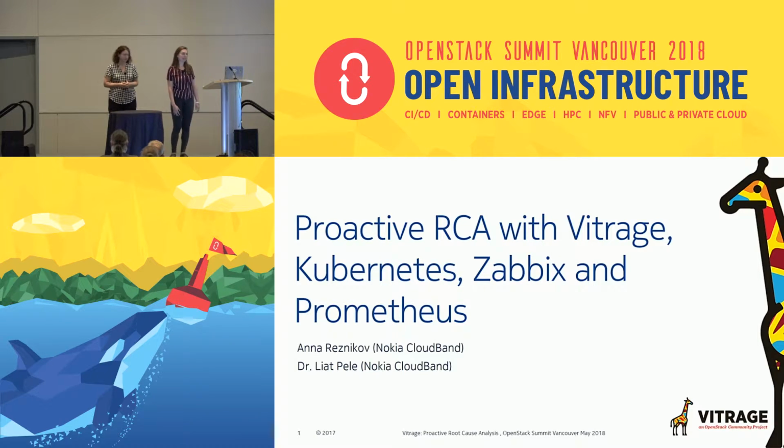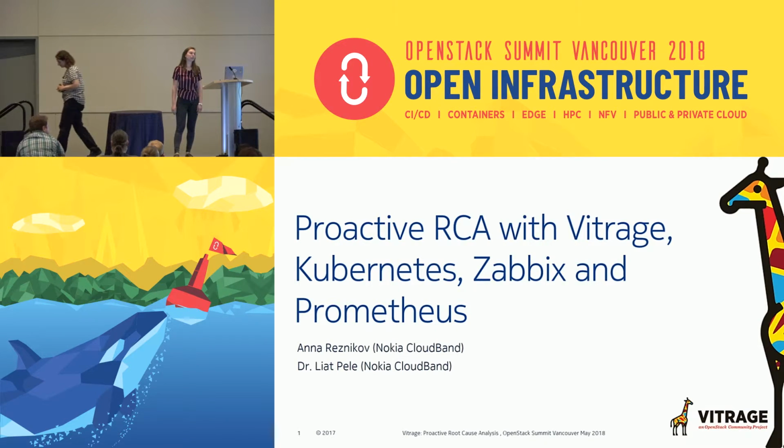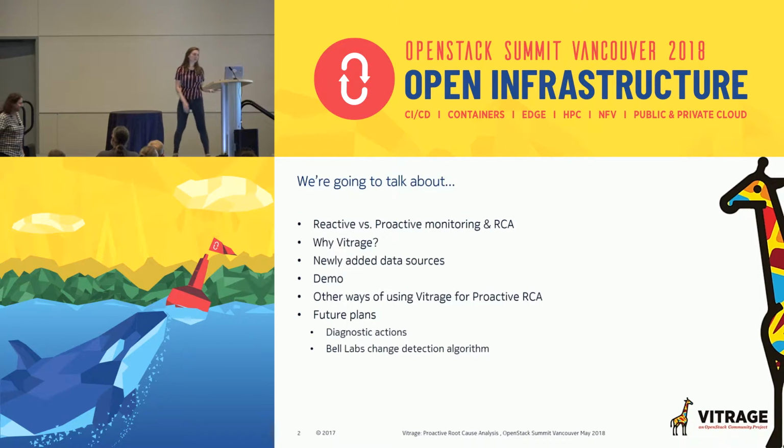So today we will discuss Proactive RCA, which is root cause analysis, with Vitrage, Kubernetes, Zabbix, and Prometheus. Our agenda for today: we will discuss a little bit reactive against proactive RCA in monitoring. Then we will discuss what Vitrage is, for those of you who are not familiar with it.